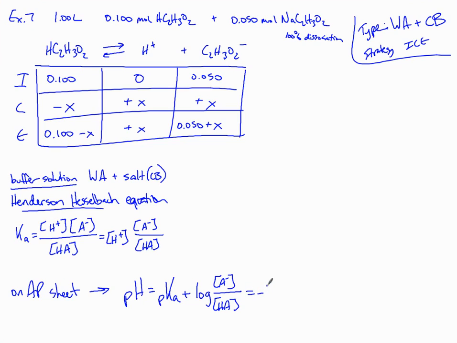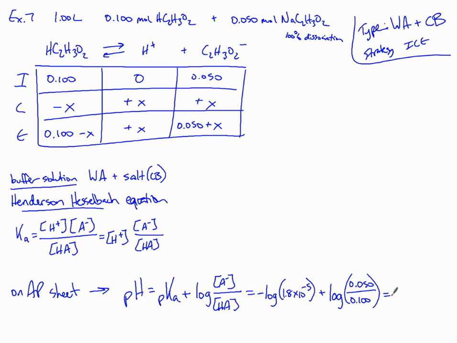So the negative log of the Ka, which is this, plus the log of the anion concentration, which we found to be 0.050, over the weak acid concentration, which we found to be 0.1.